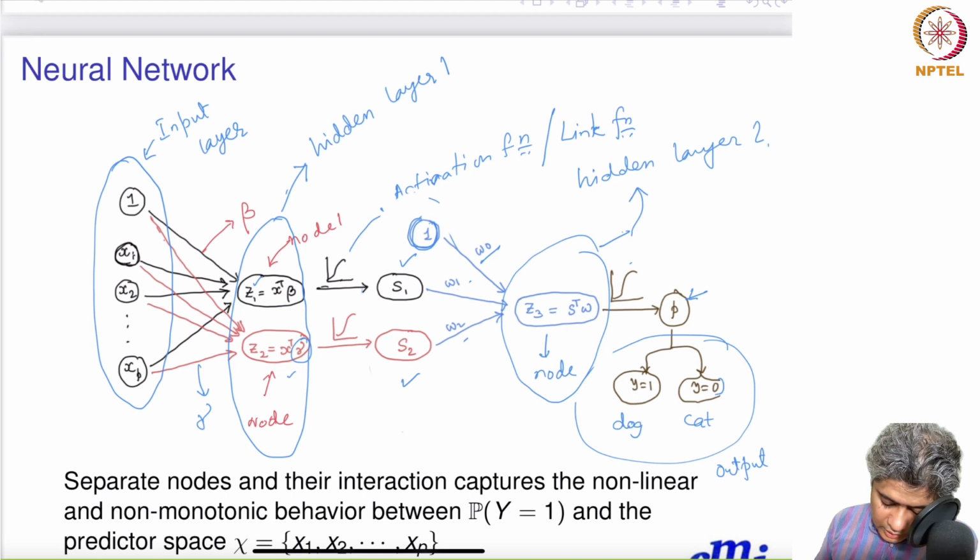So hidden layer 1 has 2 nodes and hidden layer 2 has 1 node, and from there we get the final output layer.